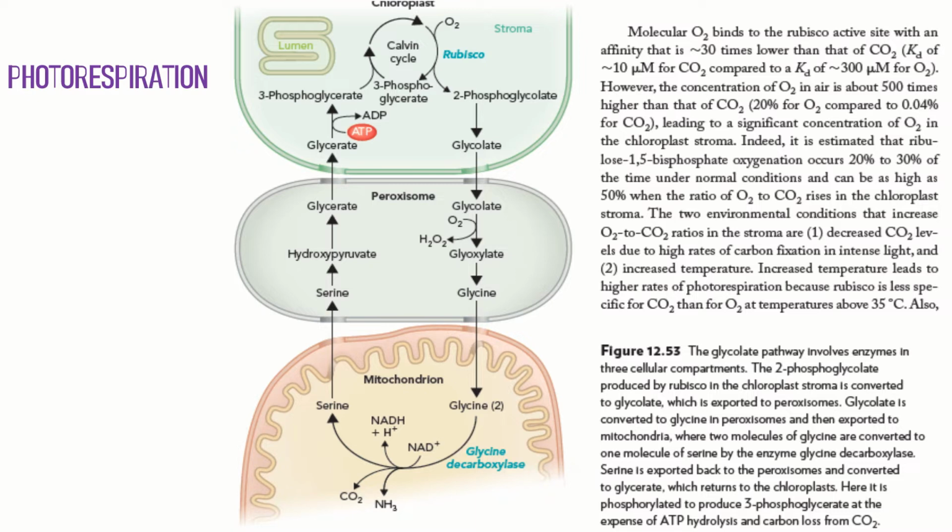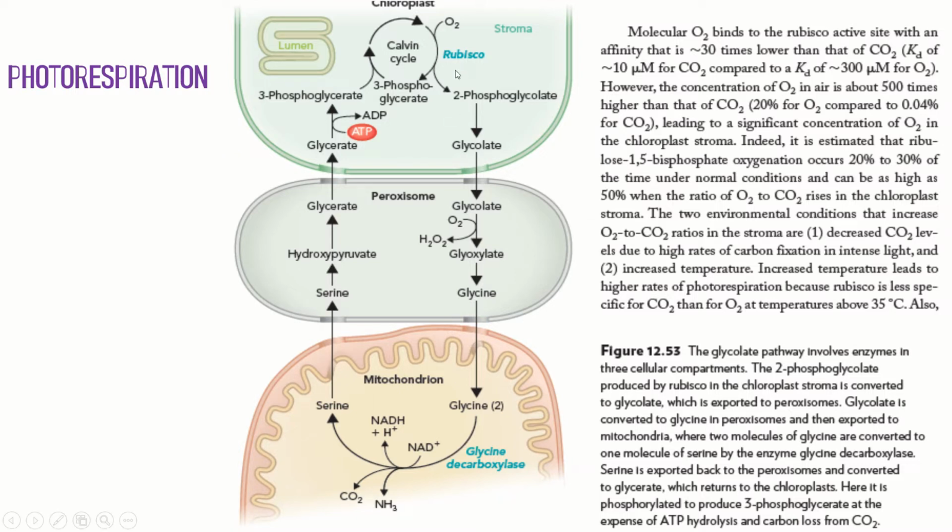And where is this process taking place? Which are the organelles required for this process? Can you see? This is the chloroplast, and near to the chloroplast we have peroxisome, and adjacent with that we have mitochondrion. This chloroplast and peroxisome and mitochondrion, all three organelles are required for photorespiration to take place. How is it proceeding?